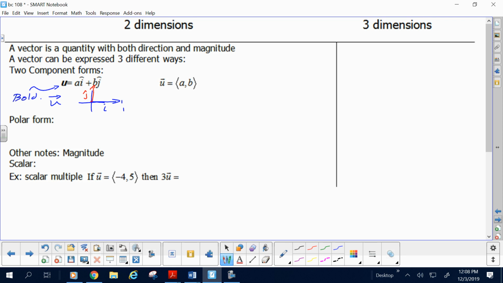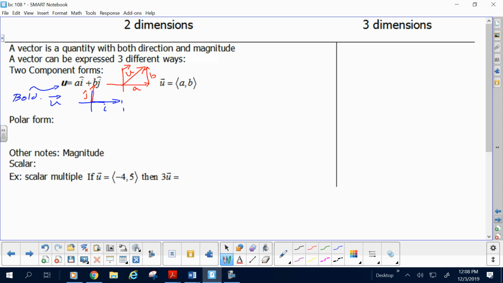Likewise, if I were to graph this, you would say a and b are the horizontal and vertical components, so the combination of the two, this is u. u is a combination of horizontal and vertical vectors, giving me the vector u. Sometimes you will do that in a different component form.